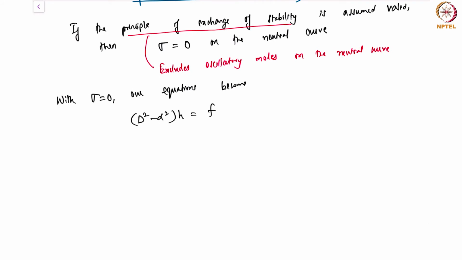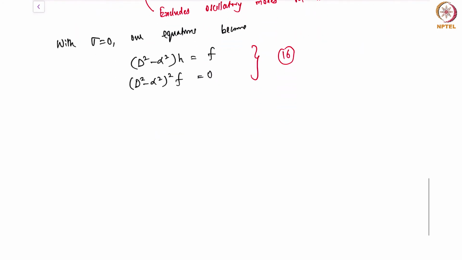Then we have d square minus alpha square whole square of f is equal to 0. These are the equations that we have, and let's call these equations 16. Now, our next step is to determine the boundary conditions.